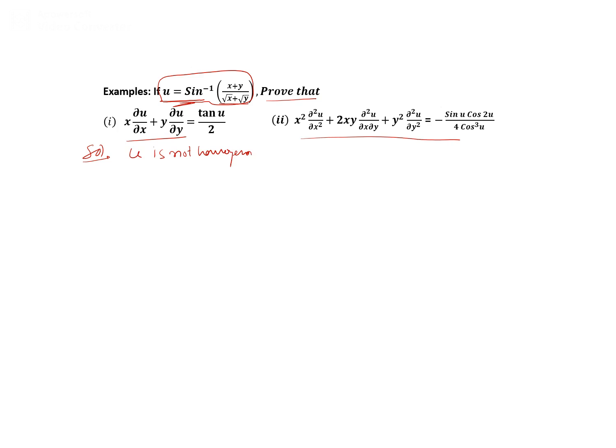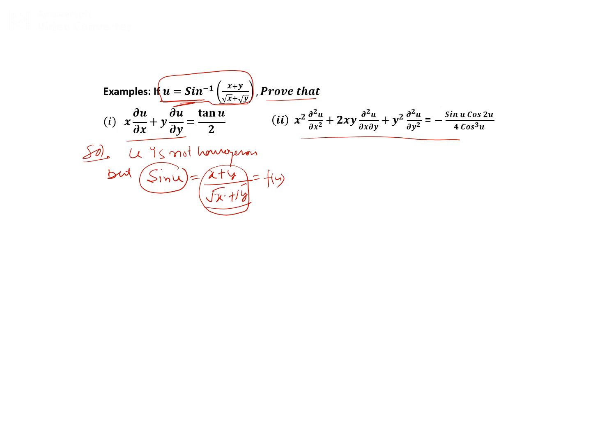So we say u is not homogeneous here, but you can say sin u is equal to (x plus y) upon (root x plus root y). So that sin u, that is f(u), is homogeneous of what order?